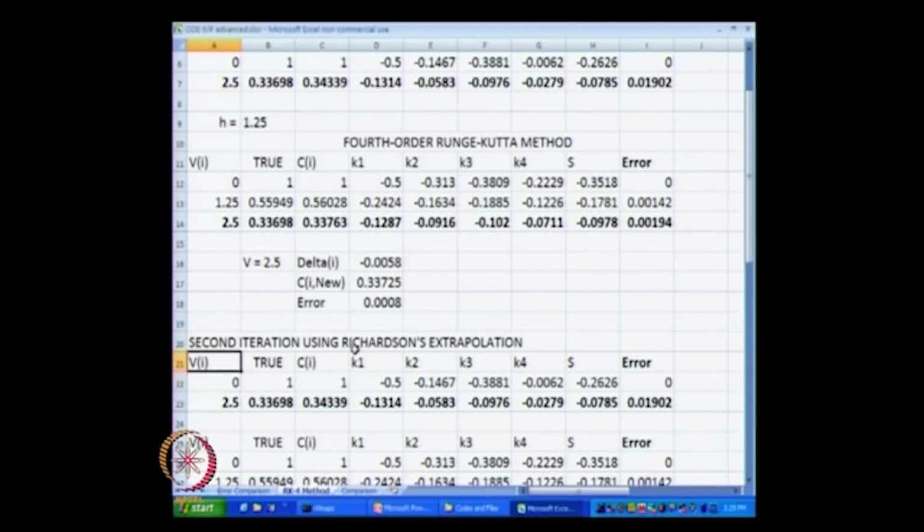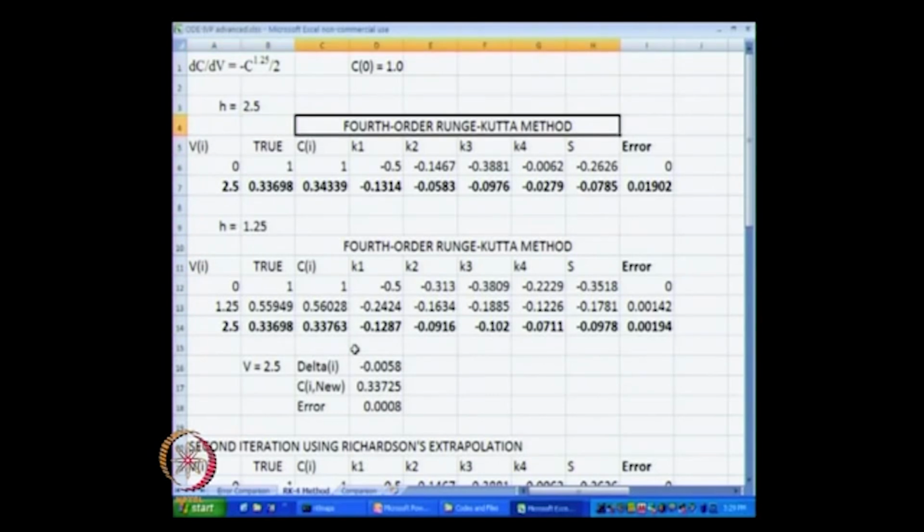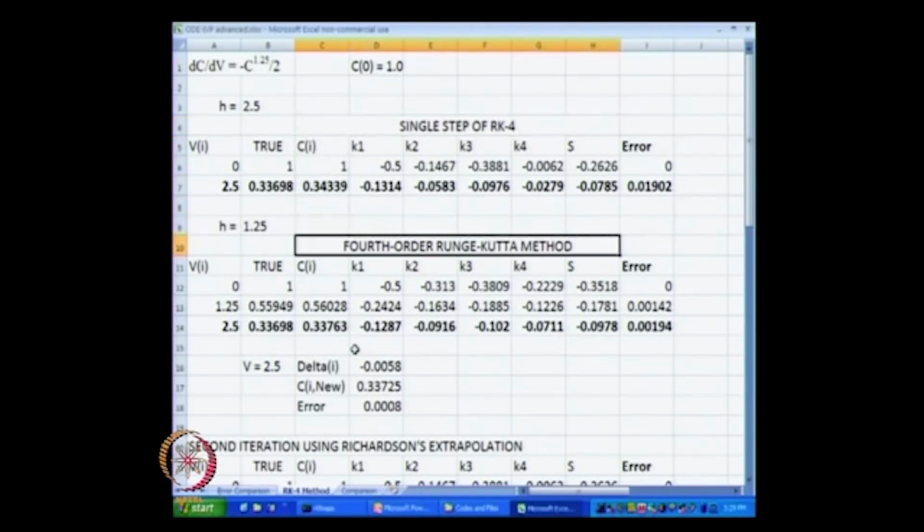Okay. So, the first iteration we went from 0 to 2.5 using the two methods, one was a one step method and the other was a two step method. I will write those things down also. Single step of RK4 and two steps of RK4.